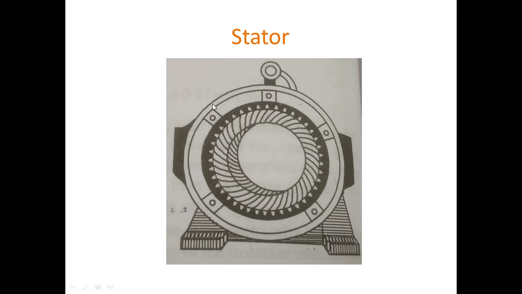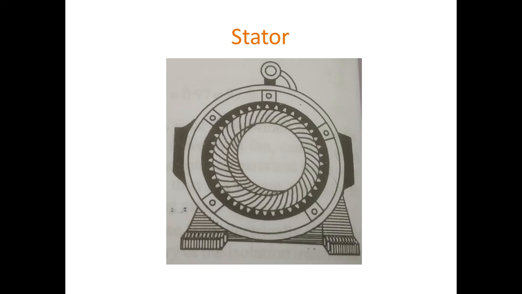The insulated conductors are placed inside the slots and connected in a suitable manner such that they form a three-phase star or delta connected circuit. The three-phase winding is wound for a definite number of poles that depends upon the speed of the machine. That means the speed of the machine always depends upon the number of poles.